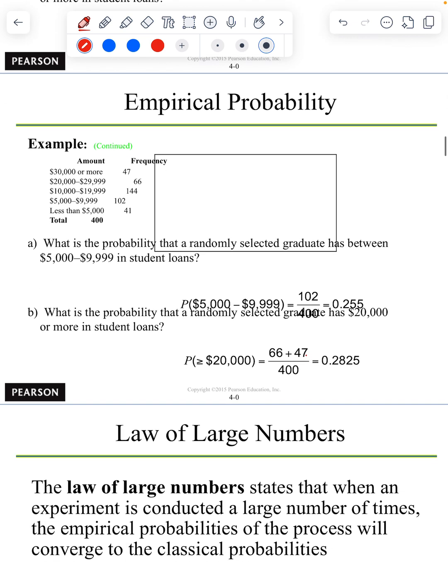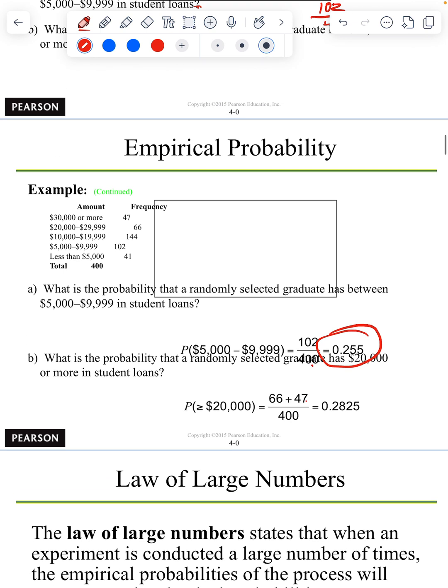So down here, you've got 102 over 400, which equates to 0.255.